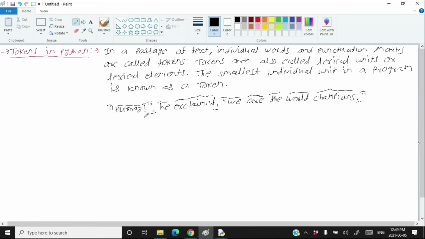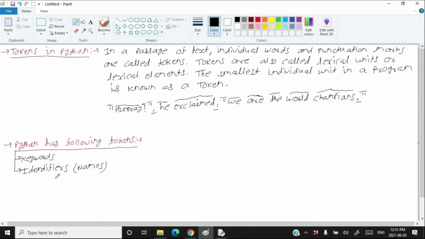Now what tokens can be used in Python? Python has the following tokens: keywords and identifiers. Identifiers are also called names. These are the words decided by the programmers.